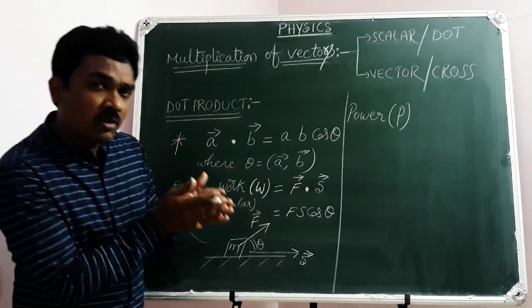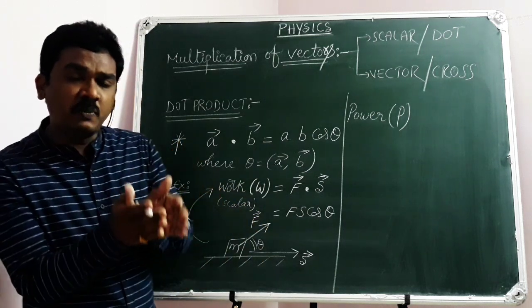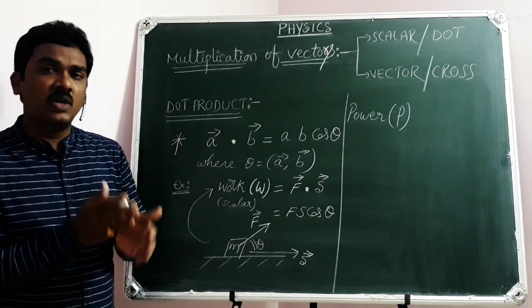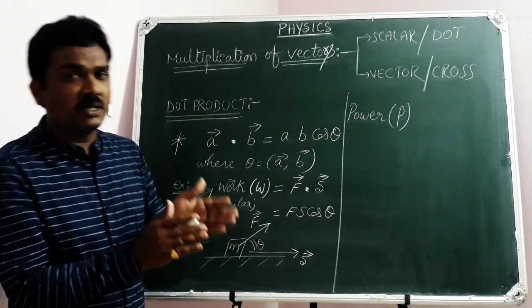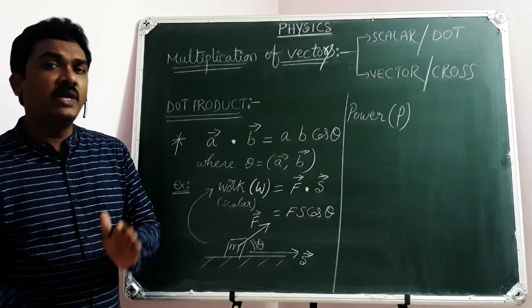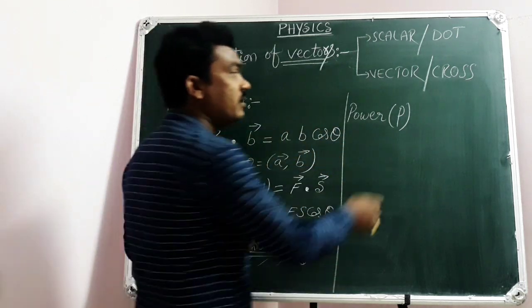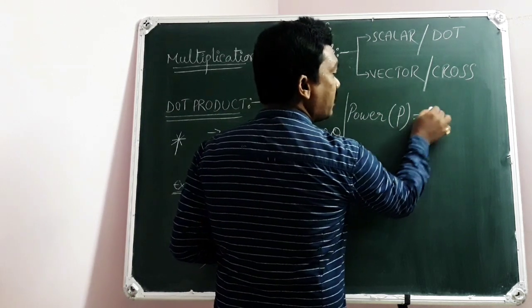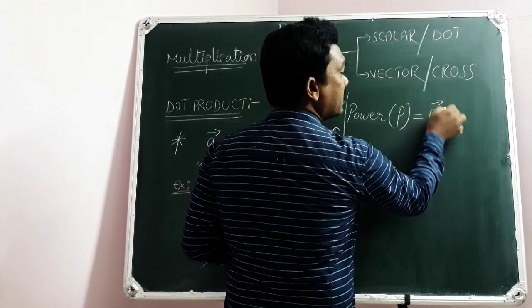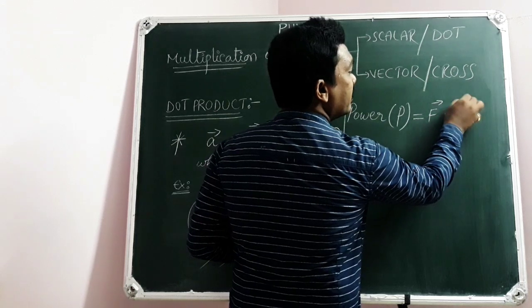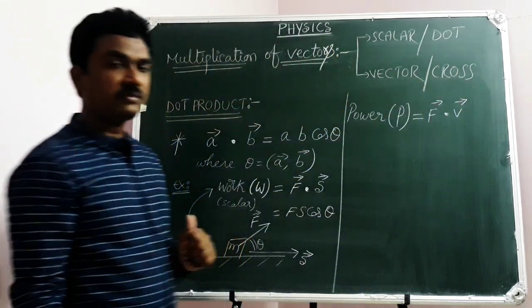So the particular amount of work is being finished in this particular amount of time. So when you are comparing the work done with respect to time, then we measure it as power P, which is here another example for a dot product, as the dot product of force vector and velocity vector.